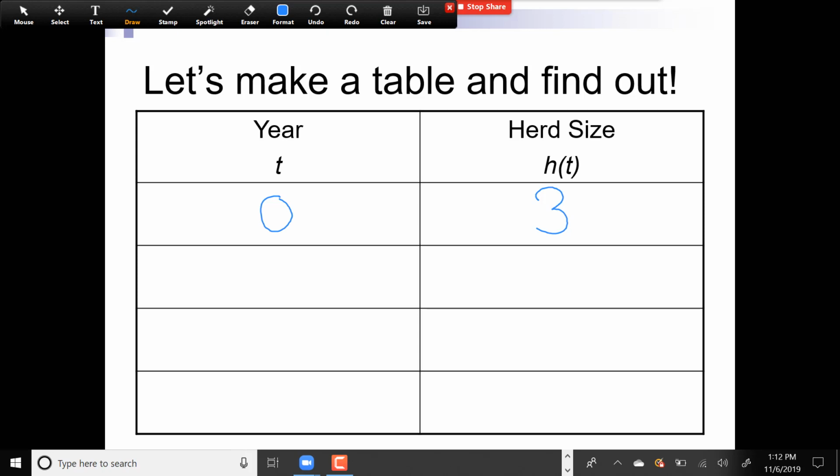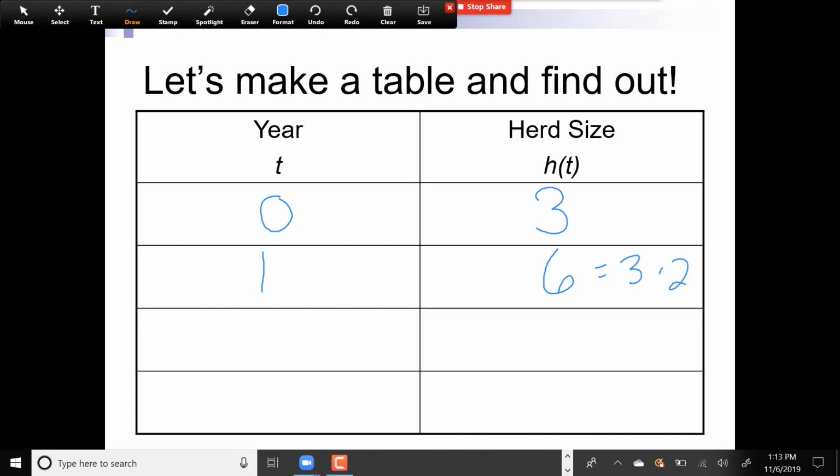Now, 1 year later, all 3 of those have babies, so we now have 6 alpacas. Notice that we could have gotten the 6 by just doubling the 3, or it could also be 2 times 3, or we could write that as 3 times 2.